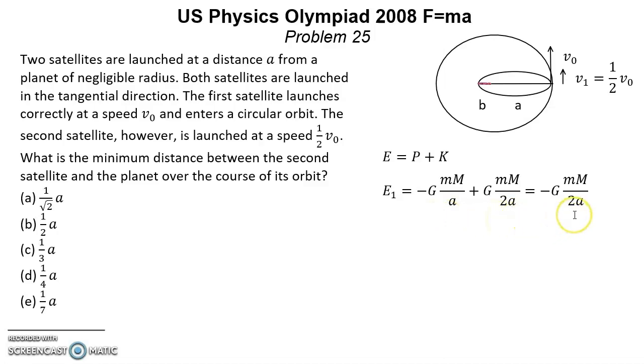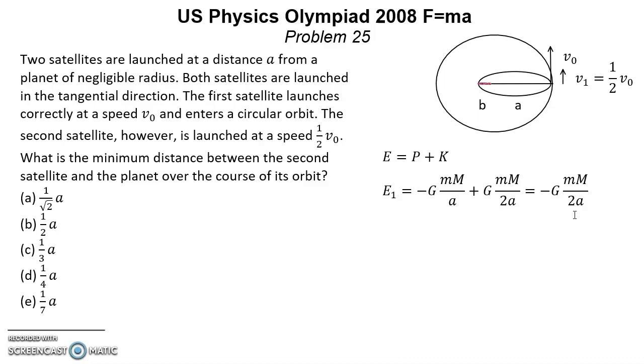And finally we have this expression, negative GMm over 2a, where a is the radius. But I can tell that this formula is good not only for circular orbits, but also for any elliptical orbit.